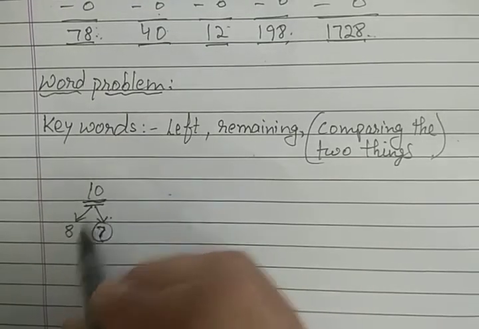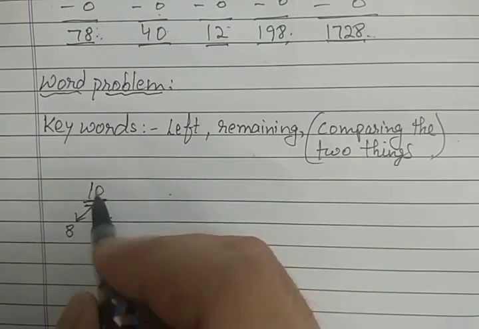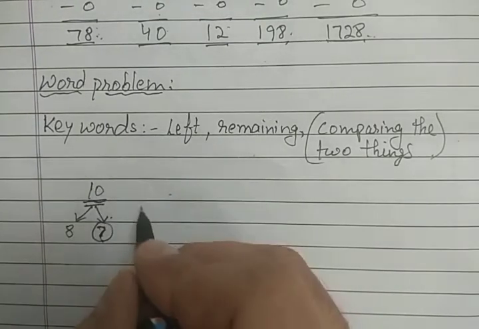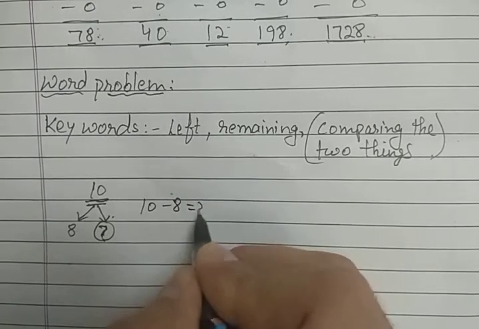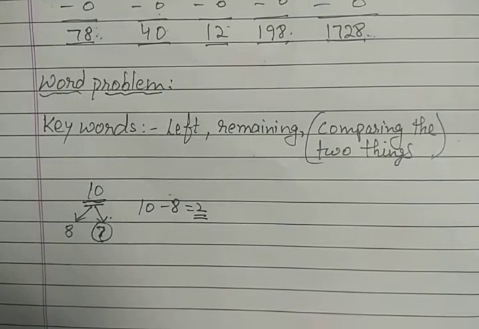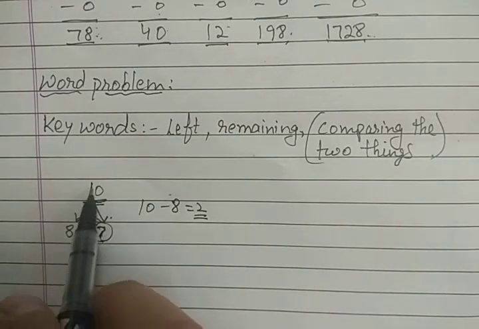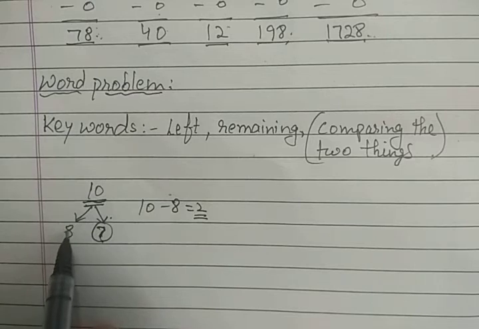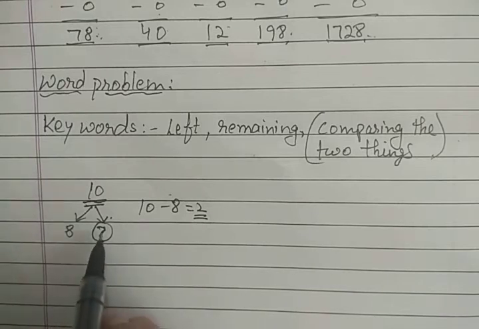By subtracting these two. 10 minus 8, we have 2 Kit Kat chocolates. That means out of 10, 8 are dairy milk chocolates and the remaining, which are left, are Kit Kat chocolates.